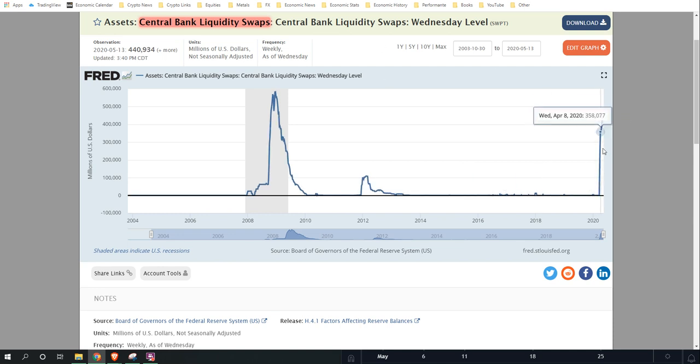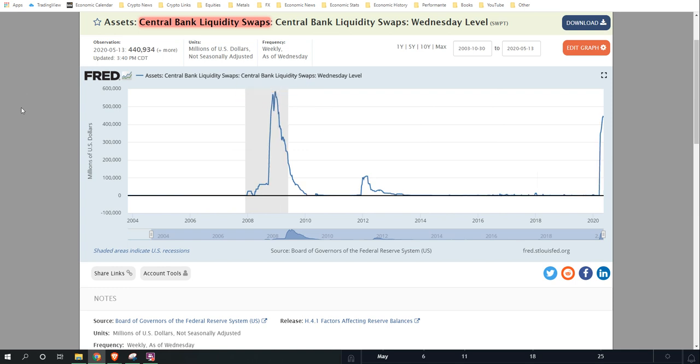So we know there are more and more countries that are in need of United States dollars exponentially. We haven't seen that in 2013, 2014, all the way until the COVID event. We haven't really seen any of that need, except for 2008, when obviously we had a massive spike in the central bank liquidity swaps.